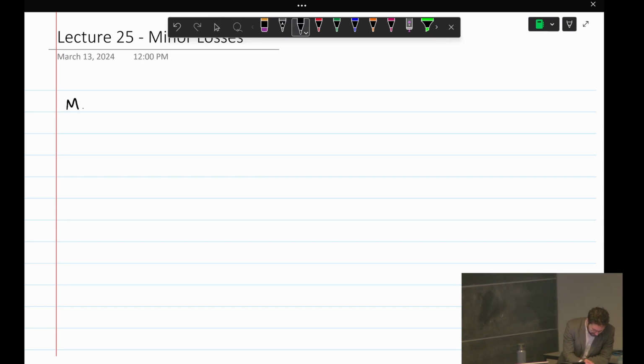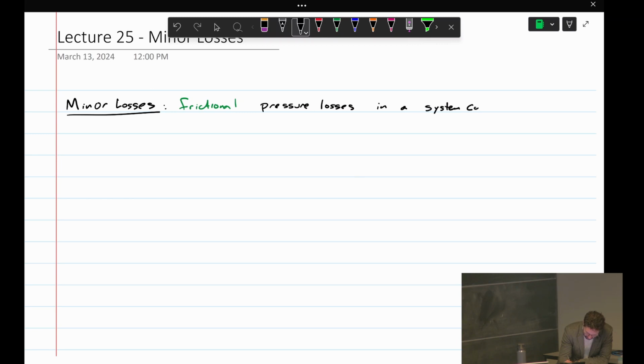So we'll define minor losses to start. So again, these are frictional, meaning that our fluid is viscous. So frictional pressure losses in a system component. So for example, fittings is a pretty general term.